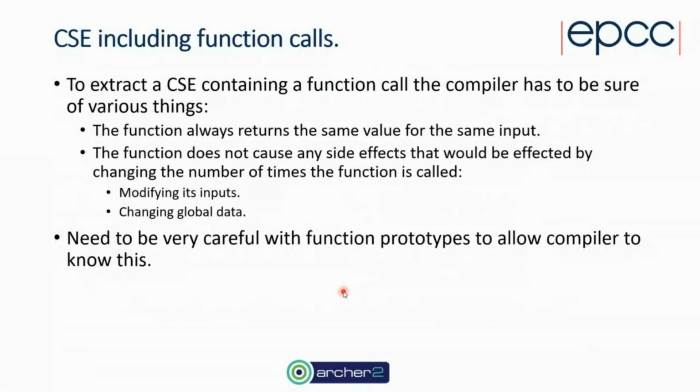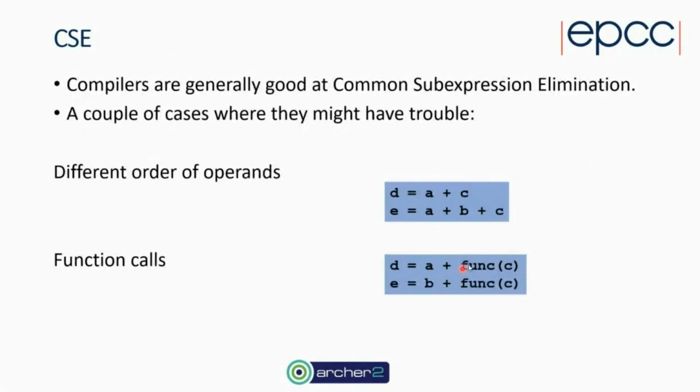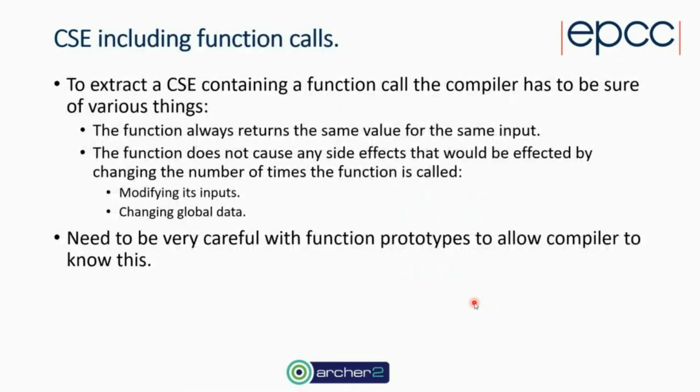For the second case here, where you want the compiler to eliminate multiple calls to the same function because it's producing the same result, the compiler really needs to know that the function always returns the same value for the same input, and that the function doesn't cause any side effects, such as modifying inputs or changing global data.